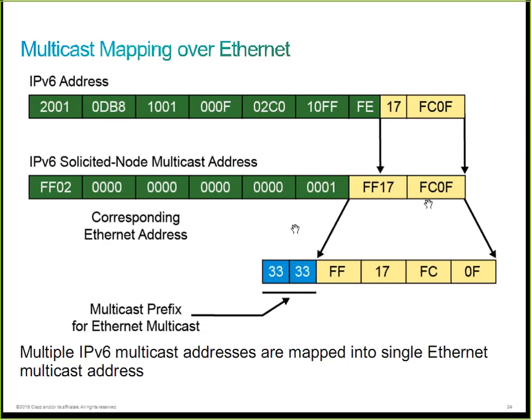Then it adds this kind of value for Ethernet, 3333, and accordingly it will generate the IPv6 solicited node multicast address. Understood that part? So if it wants to generate a multicast address across the Ethernet, this is what it does. Make sense now? Okay.